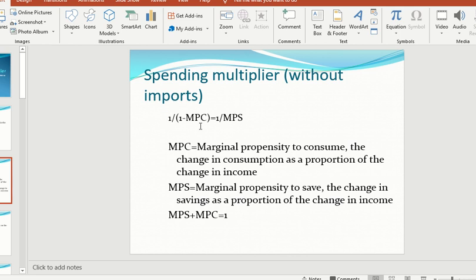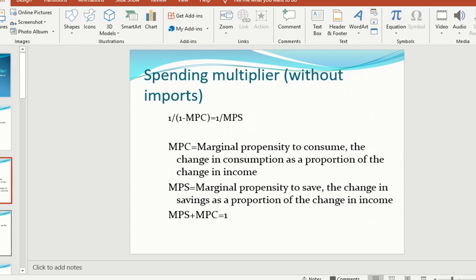Previously, we learned that the sum of the marginal propensity to save, MPS, and the marginal propensity to consume, MPC, is equal to 1. So you can also find MPS by subtracting MPC from 1. That gives us an alternative expression of the spending multiplier. It's the same formula, just an alternative expression.